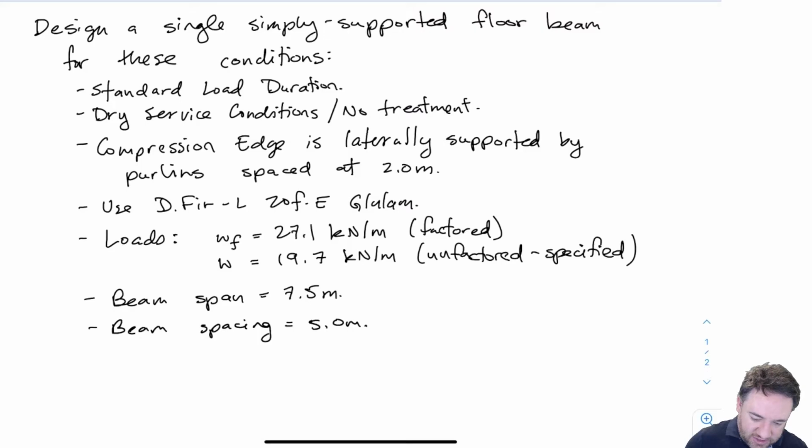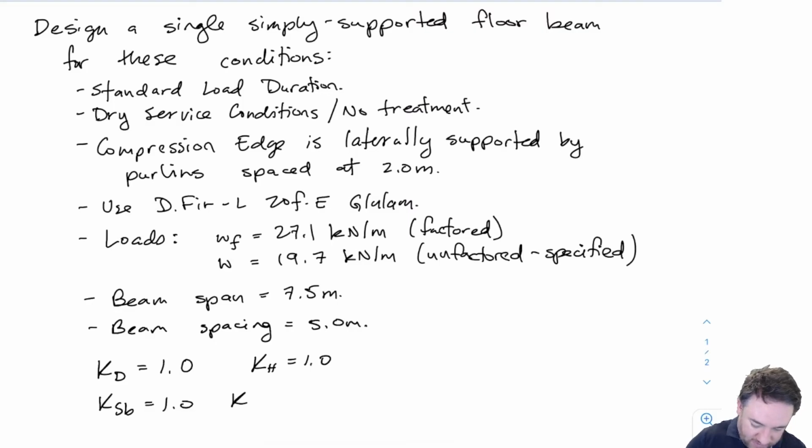Given this information, we can lay out what our modification factors are, and this is a pretty simple case. KD is 1 because of standard load duration. KH, as I said, is going to be 1.0 because these beams are spaced very far apart. They're not close together. All of our KS factors, our service condition factors, are going to be 1.0 because we have dry service conditions.